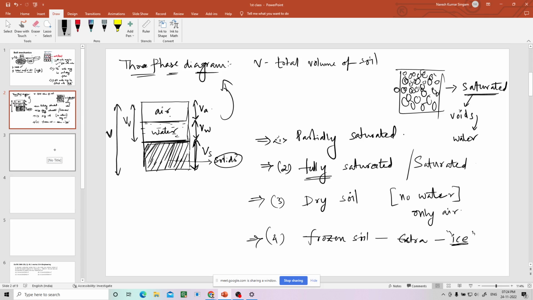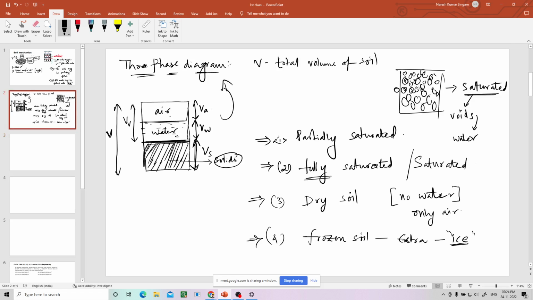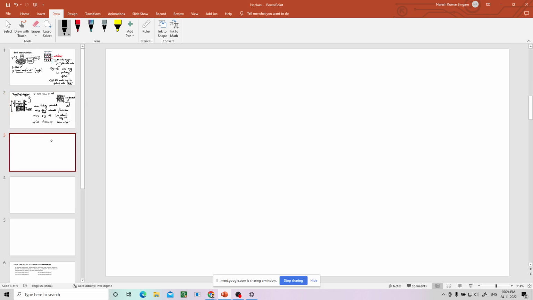So now, going back, the total volume is V, and total volume is nothing but volume of solids plus volume of voids, right? And volume of voids is again divided into two: volume of air plus volume of water.